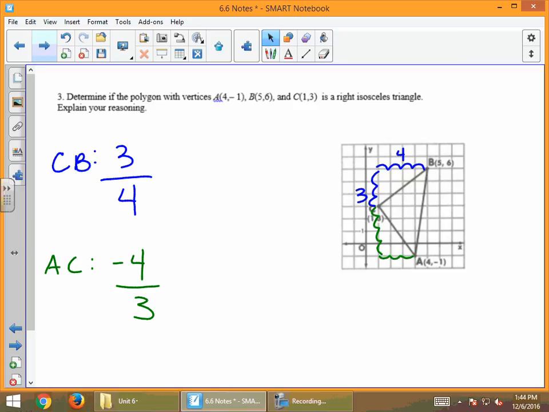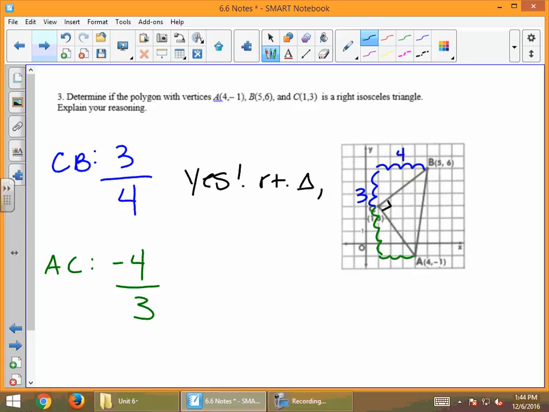We know we have a right triangle. We know this angle is a right angle. Yes. Right triangle. Perpendicular lines form right angle. Some sort of explanation. Doesn't need to be a paragraph. It's a little word. Why not?